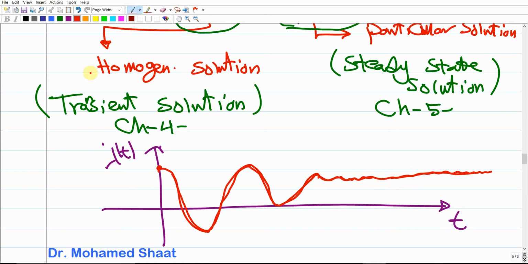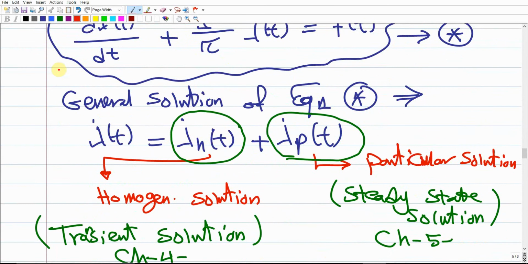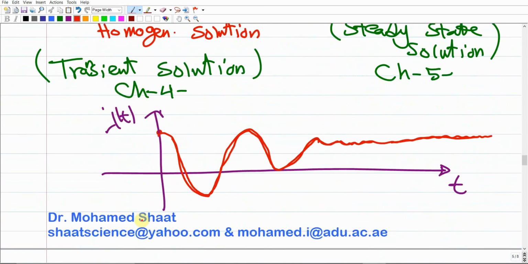So as you can see, we can split this curve. If we solve this equation, and we haven't derived the solution yet, and we plot the solution, it will be a curve similar to this one. This curve can be split into two regions. In the first region on the left, we have a severe change of the current over time.